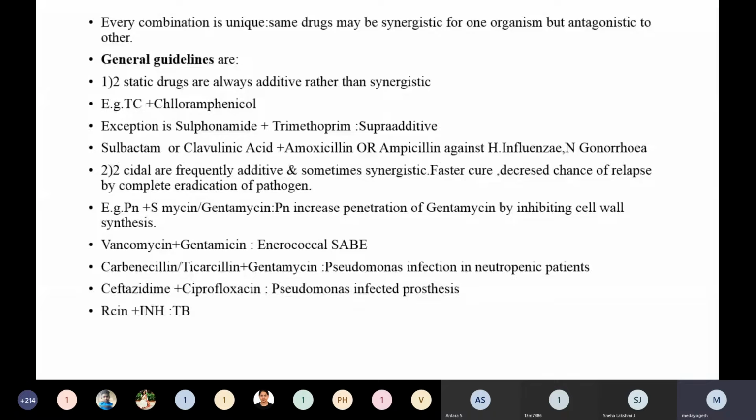And as we know, in tuberculosis, we have to use multiple drugs, as use of a single drug leads to resistance. So in tuberculosis, we use 2, 3 or 4 drugs. And the most common combination is rifampicin with INH.